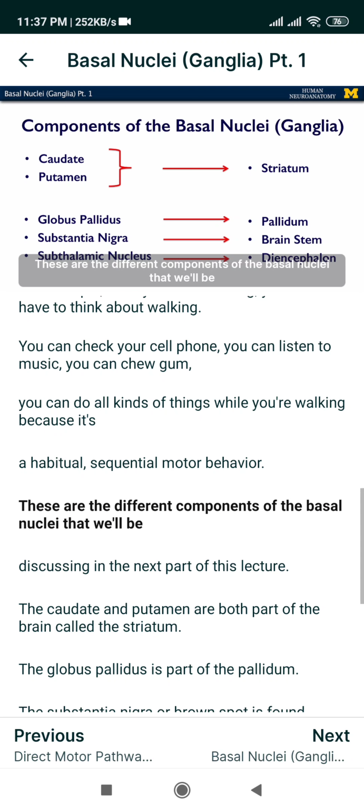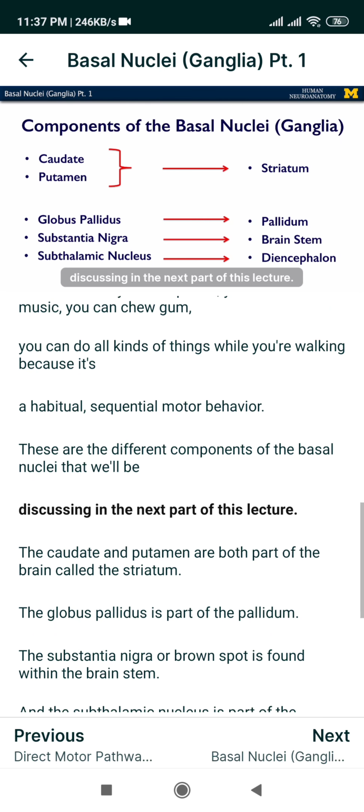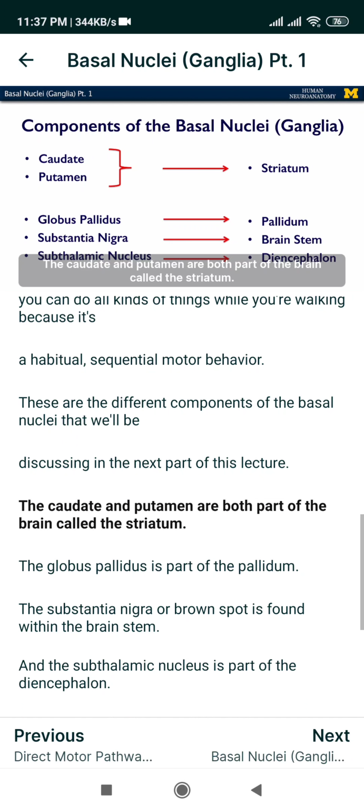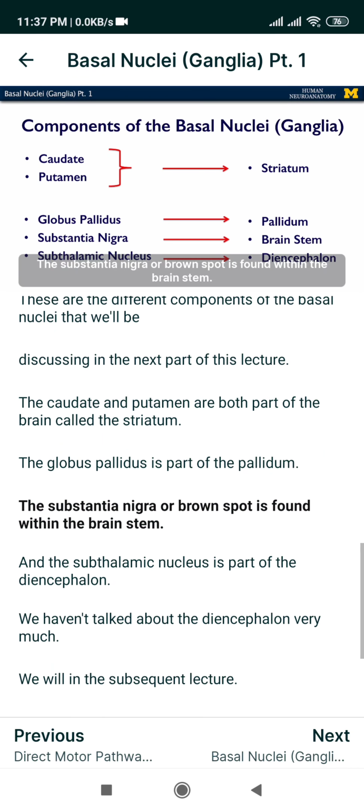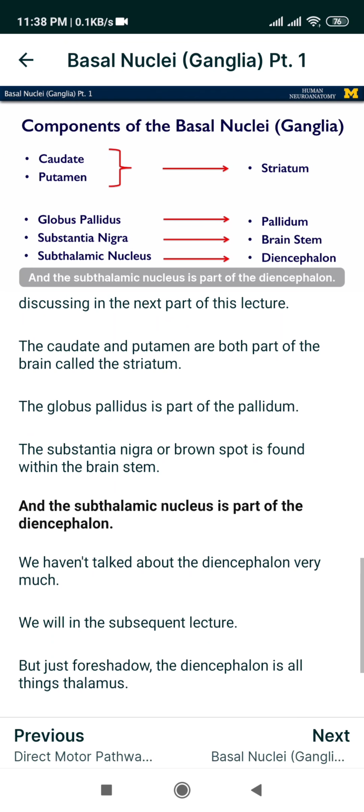These are the different components of the basal nuclei that we'll be discussing in the next part of this lecture. The caudate and putamen are both part of the brain called the striatum. The globus pallidus is part of the pallidum. The substantia nigra, or brown spot, is found within the brainstem, and the subthalamic nucleus is part of the diencephalon.